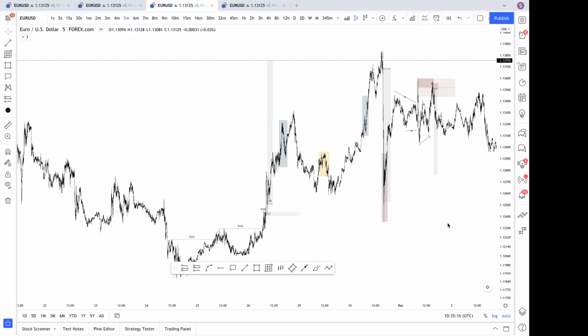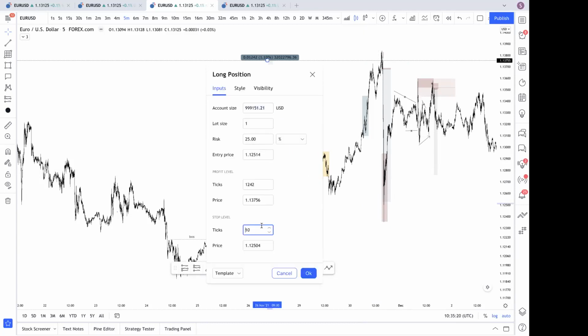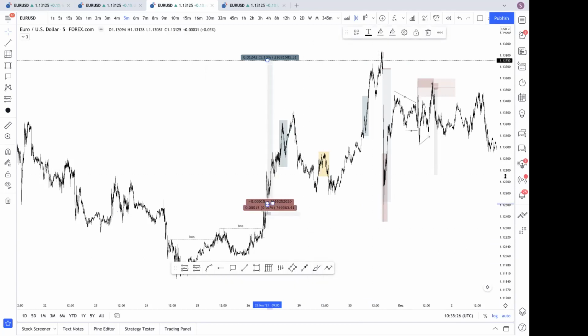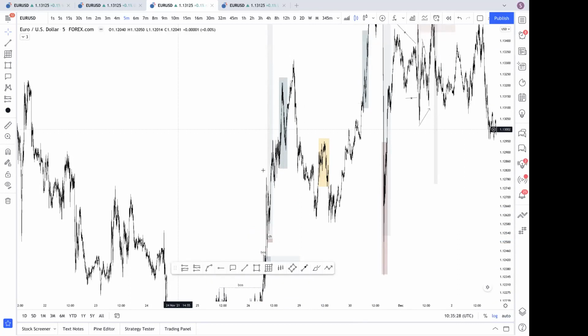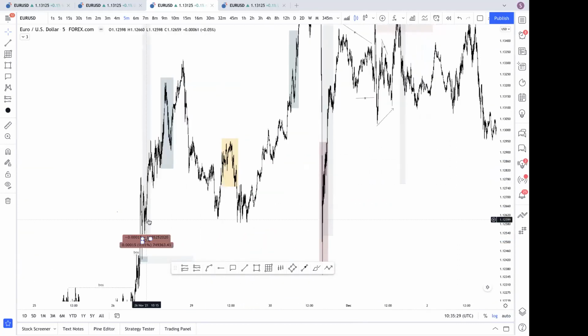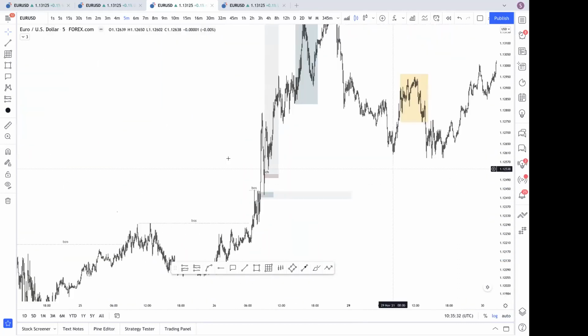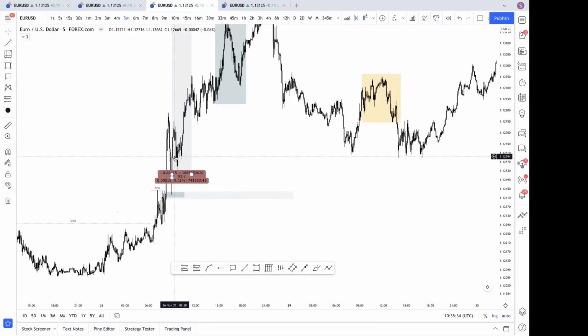Like this trade here, right? Say you do that 1 to 1.5 pip stop, being safe. It's still what, a 1 to 82, not exactly bad, is it?